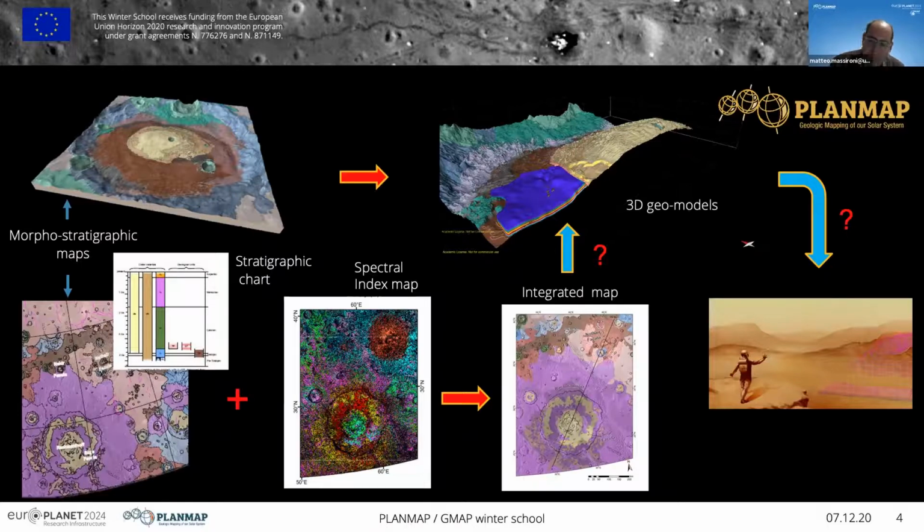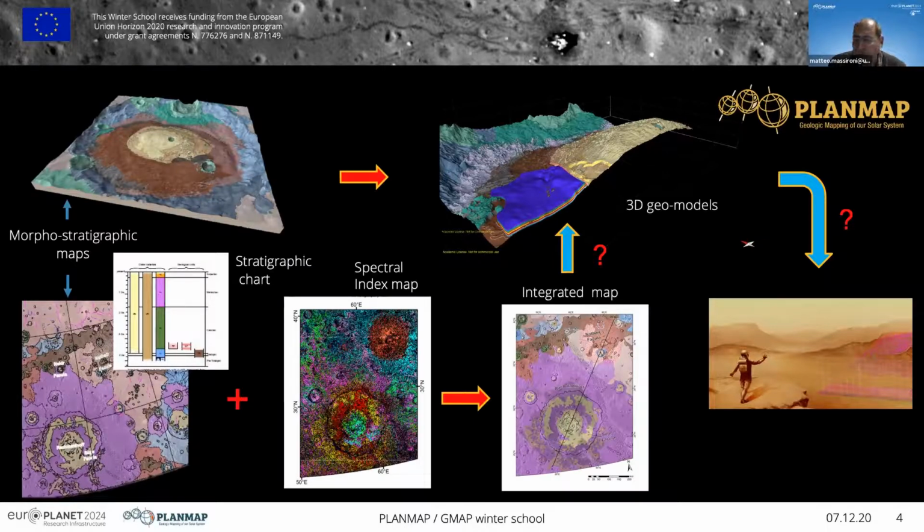So you may imagine a future astronaut looking at a landscape on Mars or the Moon and already understanding what the subsurface of that area could be, so the geology of that area.